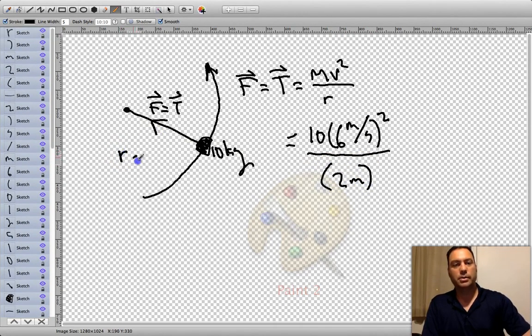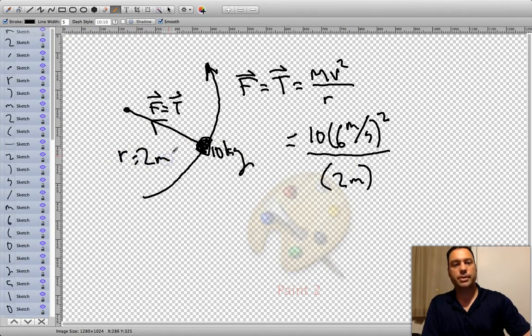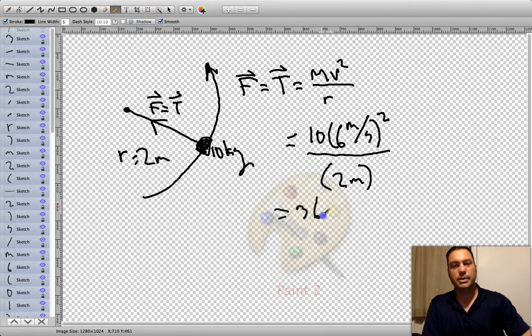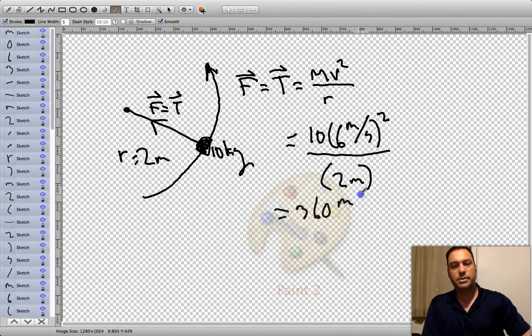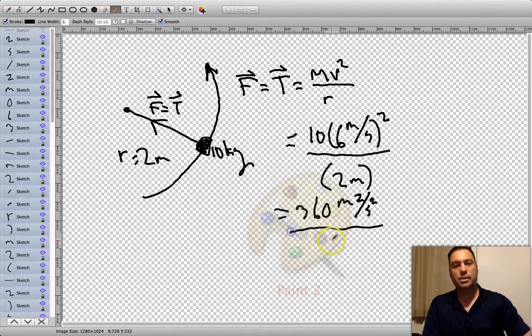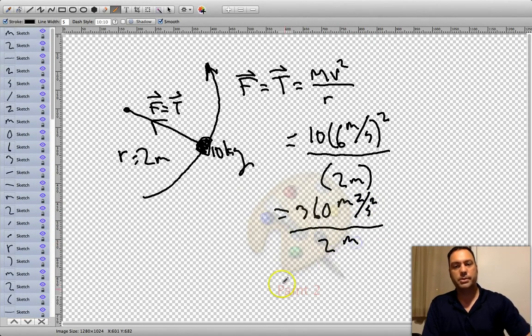So R equaled 2 meters, and we got that straight out of the problem. So what does that equal to? Well, what's 6 squared? That's 36 times 10, 360 meters squared, seconds squared, all over 2 meters. Oh, and I forgot kilograms. I gotta put in my kilograms here.